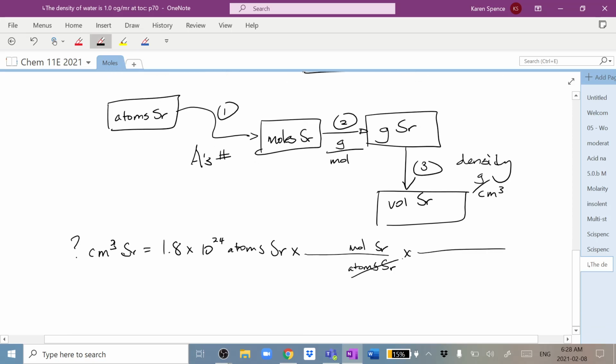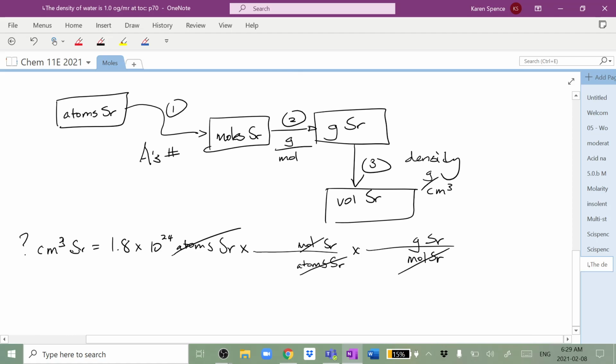Second, we need to cancel moles of strontium and find grams of strontium. And finally, we need to cancel grams of strontium and find the volume of strontium, which we agreed was going to be in centimeters cubed. So find centimeters cubed of strontium.